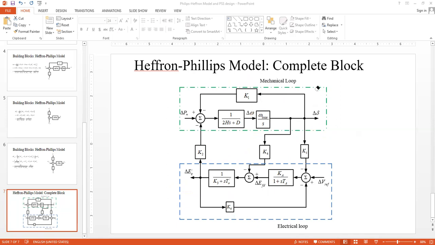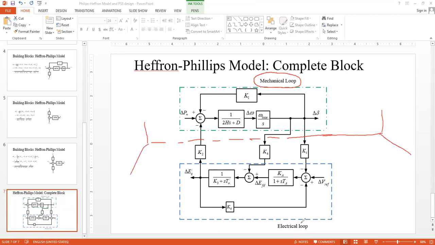Now what is done actually, we have further separated this whole block into two sub blocks. The top block is known as the mechanical loop and the bottom one is known as the electrical loop. Why?